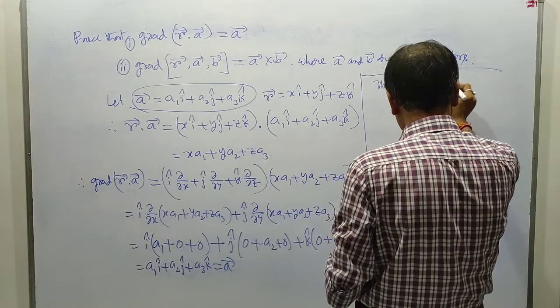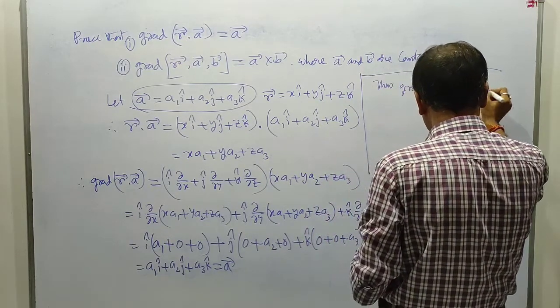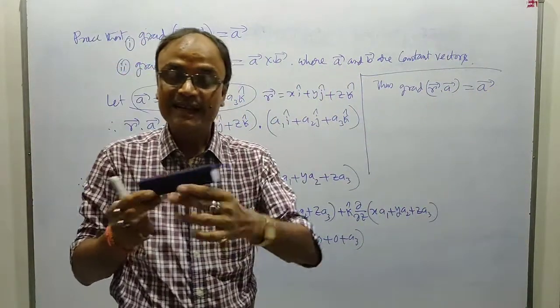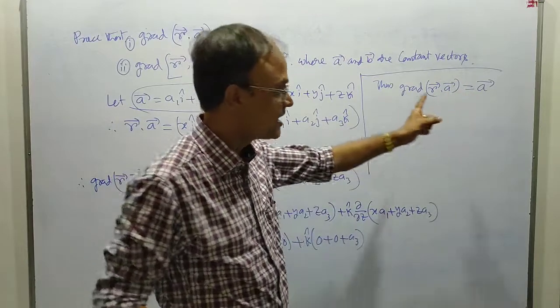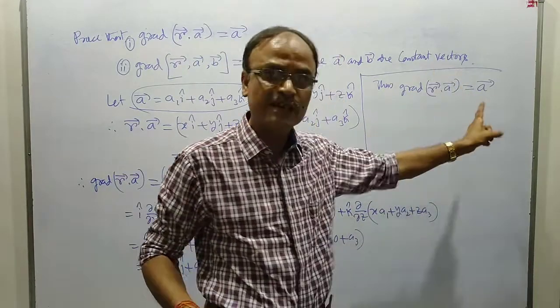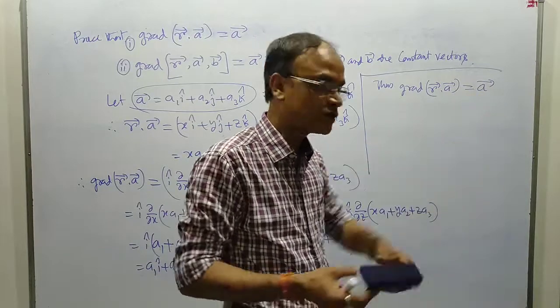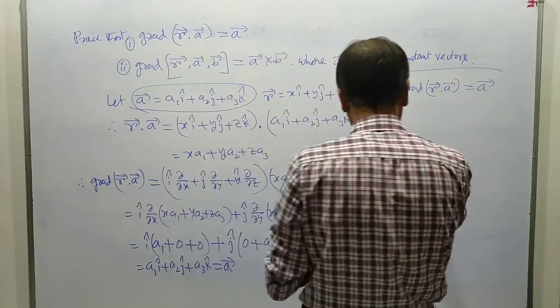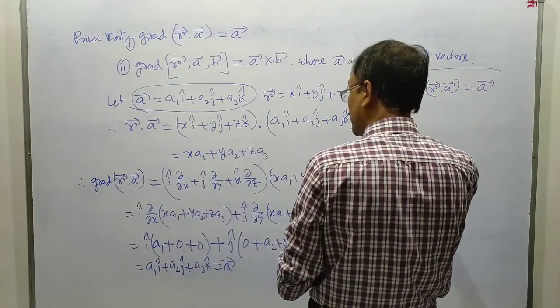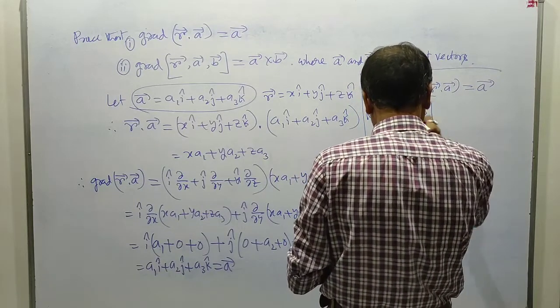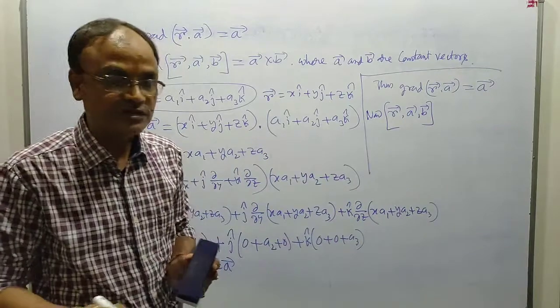R vector dot A vector equal to A vector. This means that gradient of R vector dot a constant vector is equal to the constant vector. Now, R vector, A vector, B vector is the scalar triple product of three vectors.